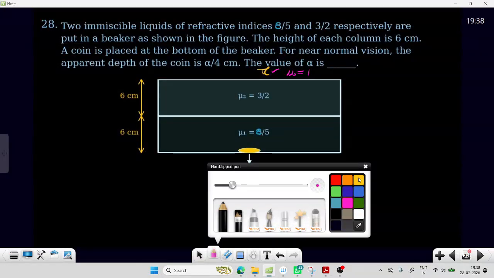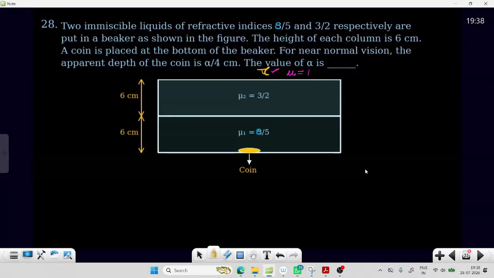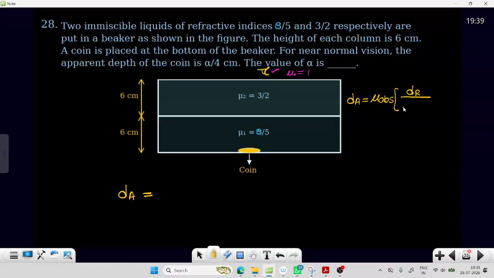We need to find the apparent depth. What is the apparent depth formula? It is the refractive index of the observer medium into the real depth, by the refractive index of the object medium.